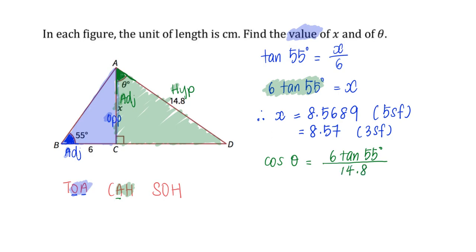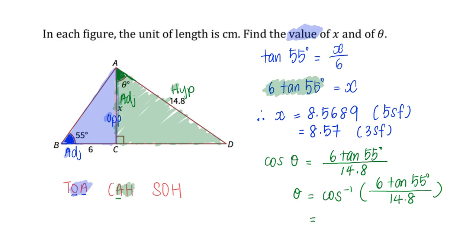When I key into my calculator to find the angle theta, the value of theta is simply the cosine inverse of this. So all I have to do now is to key into my calculator carefully.